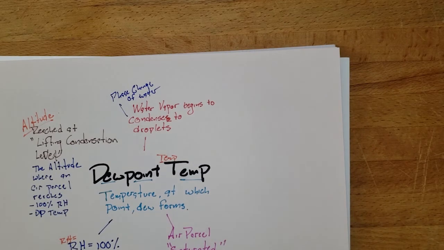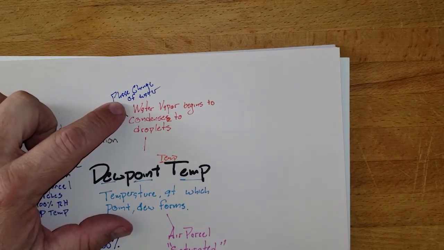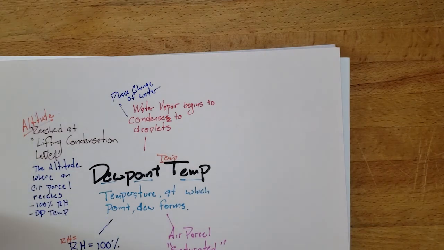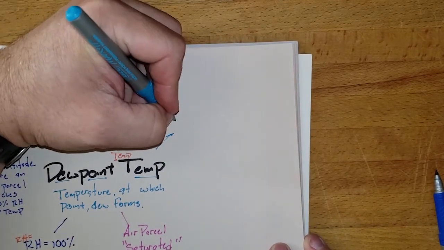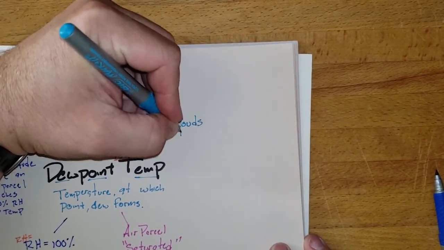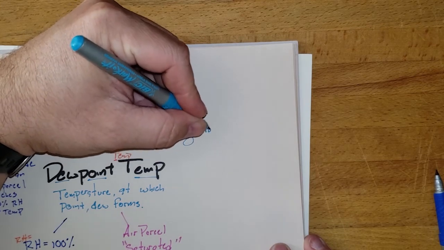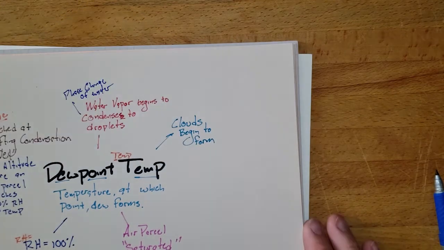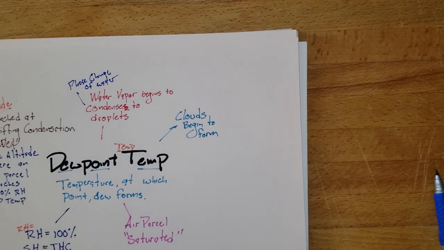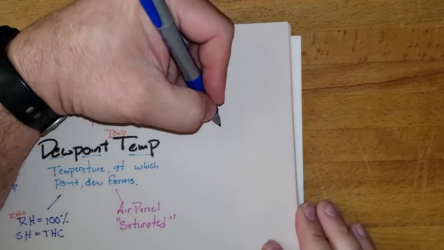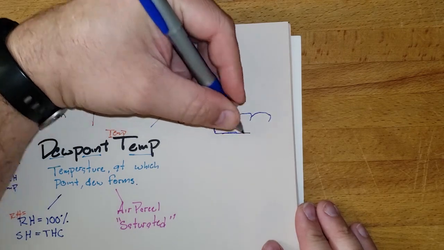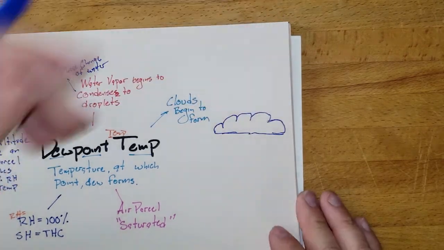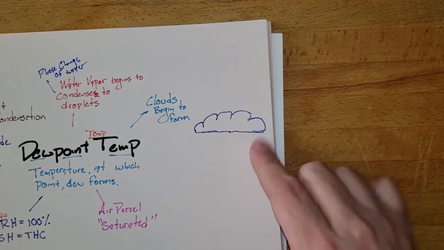Okay, now what do those droplets look like? We'll come back to this idea of the phase change of water in another video. But those droplets start to look like clouds. If you were outside on a beautiful day like today and saw a lovely puffy cloud out there in the sky, maybe one with that nice flat bottom, that cloud right there is going to be my air parcel.